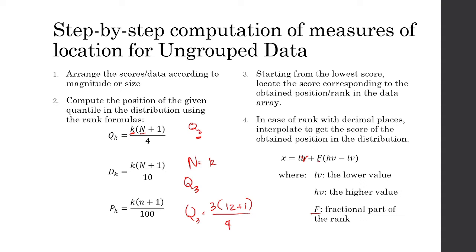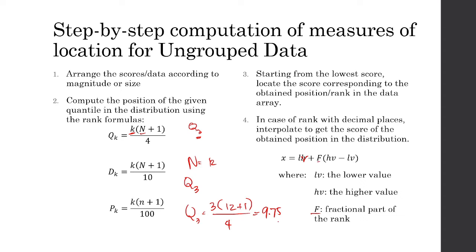If you compute that, you will have 13 times 3, that will be 39 divided by 4. So you will have 9.75. And as you may see here, hindi 0.5 yung nandito.